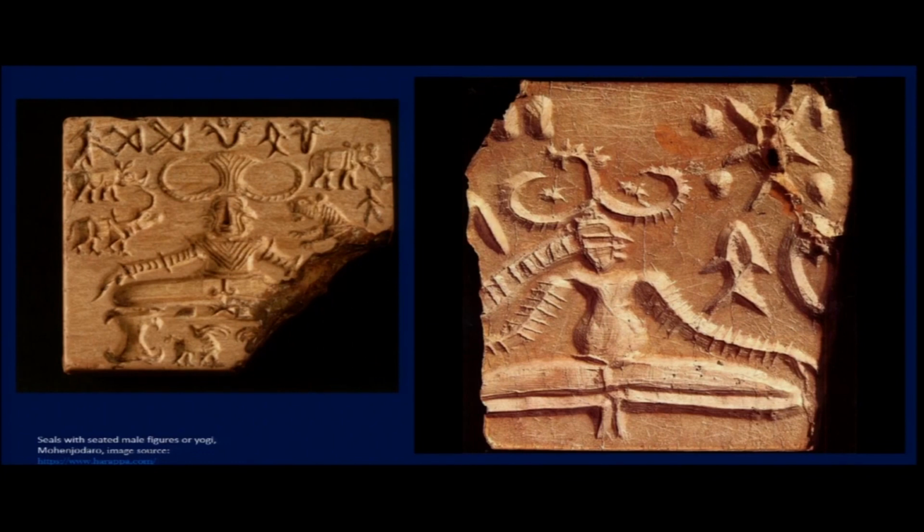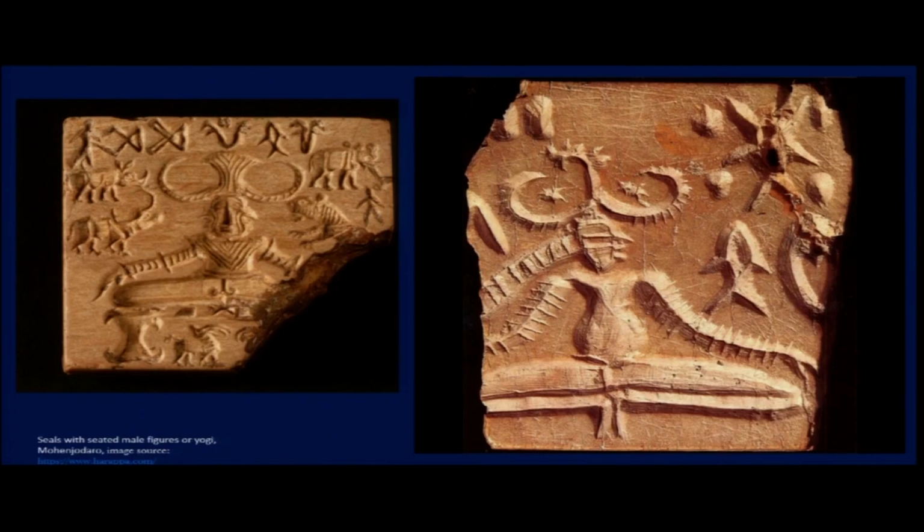Here we have the male figure seated in the center of this seal, with a very elaborate horned headdress with two horns which almost mimic the horns of those zebu bulls that we have seen in the earlier seals, which are also some of the other celebrated images from the Harappan and Indus Valley sites.